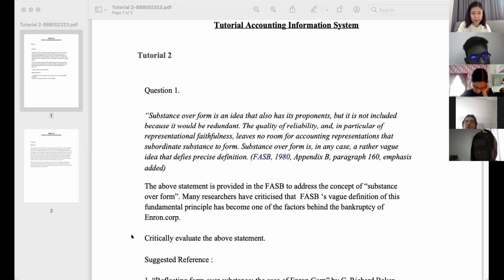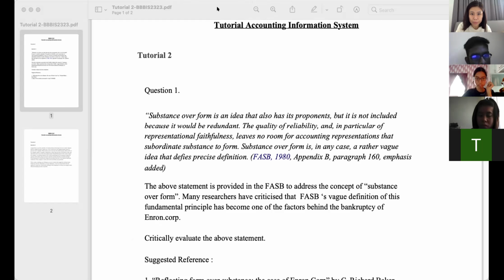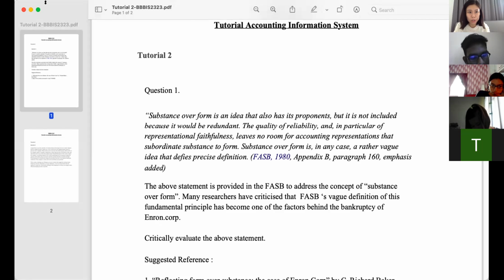If you cannot access, okay, I might need to wait. I share you a link. This is very useful if you need to do some research in the future and you want to look for journals or some academic papers, okay?